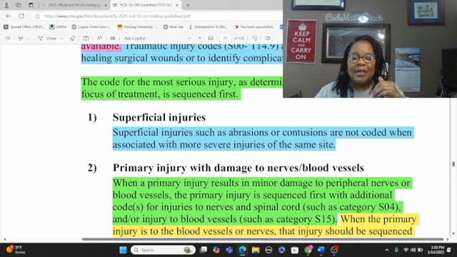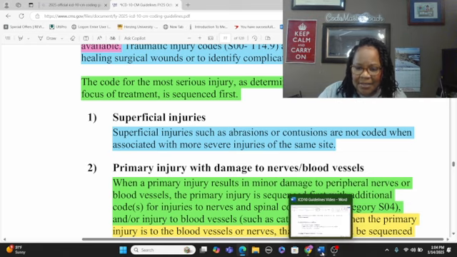So again, if you've got contusions and abrasions as well as maybe a complex laceration, which means it's really deep, a really deep cut, then don't code the superficial, code the more intense, the more severe injury of that same site instead. Because the understanding is when you treat that more severe injury, it's going to take care of the abrasions or the contusions. And number 2 says primary injury with damage to nerve and blood vessels.